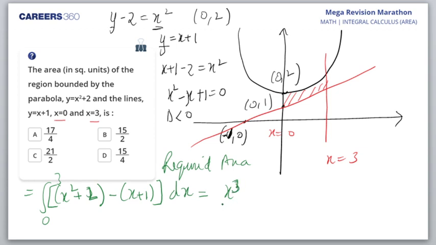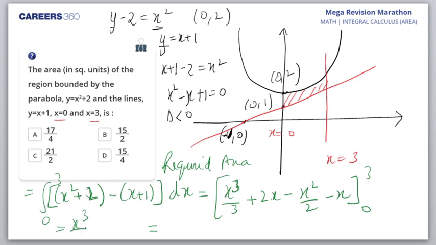x cube by 3 plus 2x minus x square by 2 minus x, and this integration between 0 and 3. Am I right? So what would it give me? 2x minus x will give me x, so it is x cube by 3 plus x minus x square by 2, and I'll have to take the limit from 0 to 3.